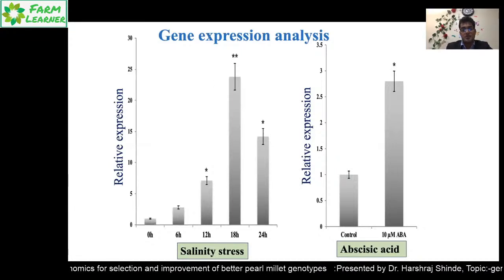So based on our qRT-PCR analysis, we think that this gene is the best candidate gene for future studies. And we also found that this gene's expression is also upregulated by ABA treatment. ABA is abscisic acid, a stress hormone. So that's why we selected ABA for our analysis.